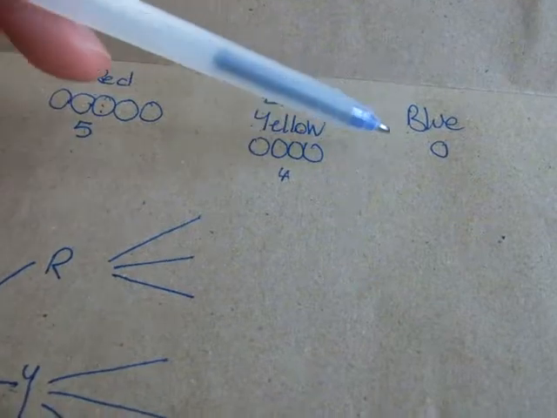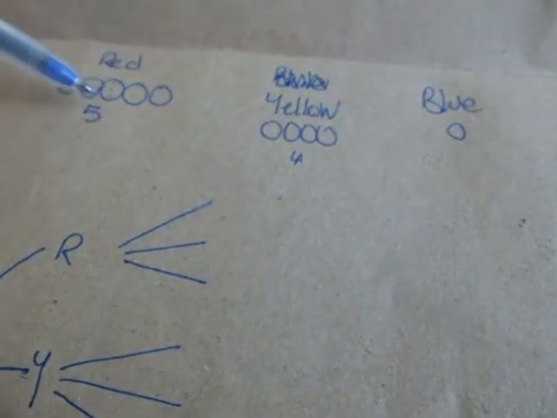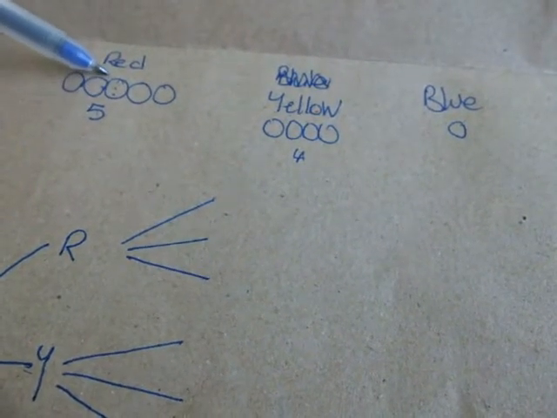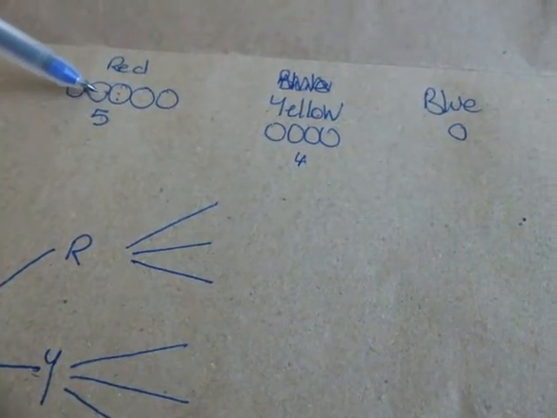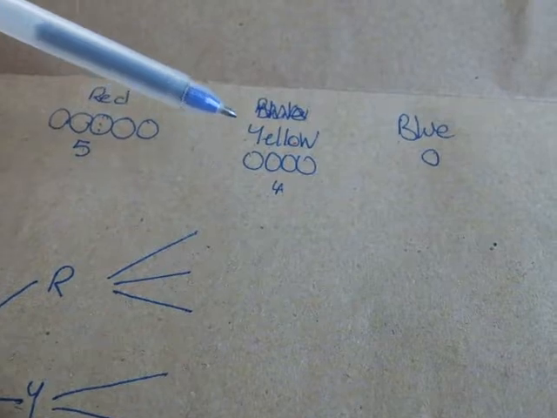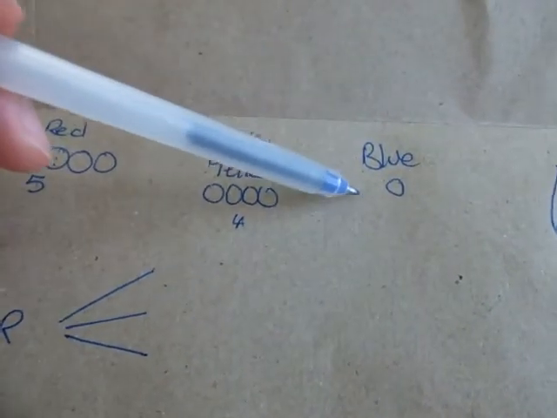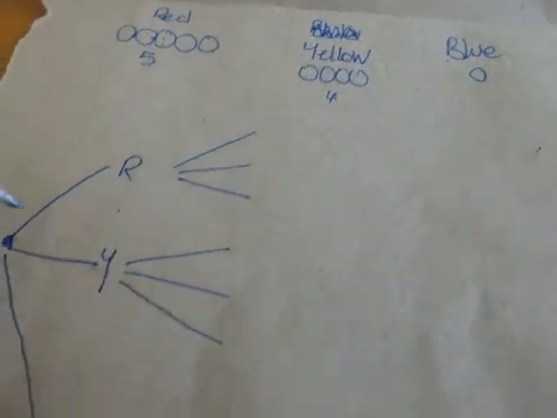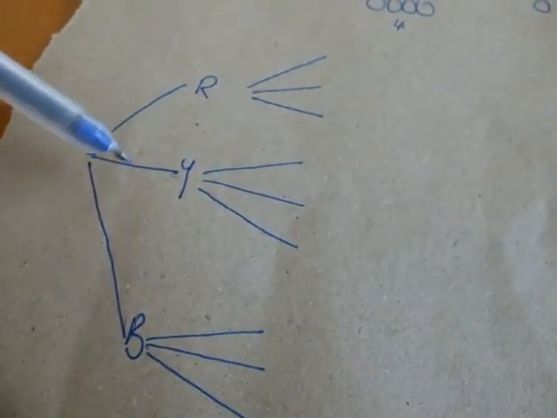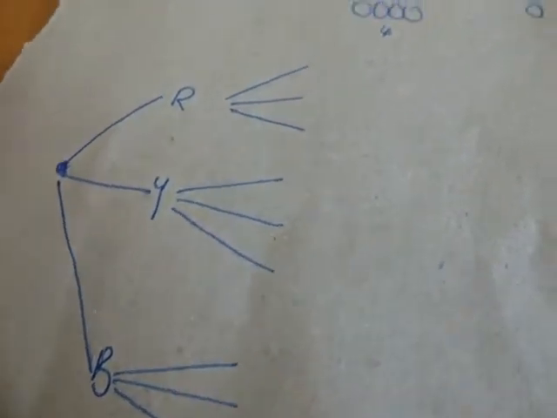Even though there are only 3 options, one color has a higher probability than the others. One has a very low probability, and we need to put that probability into our tree diagram.